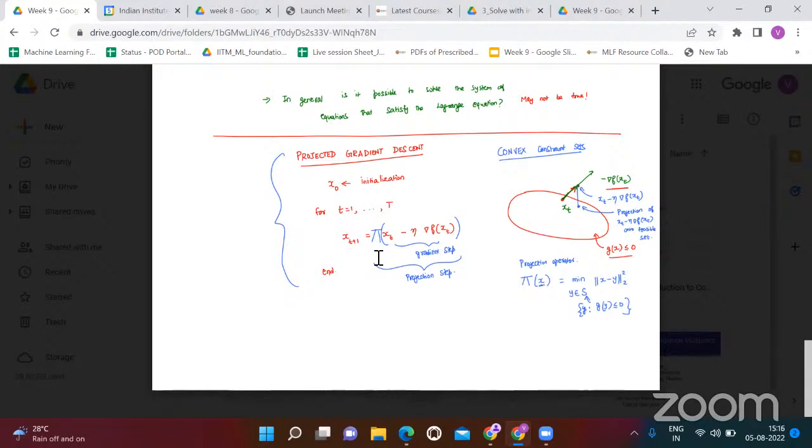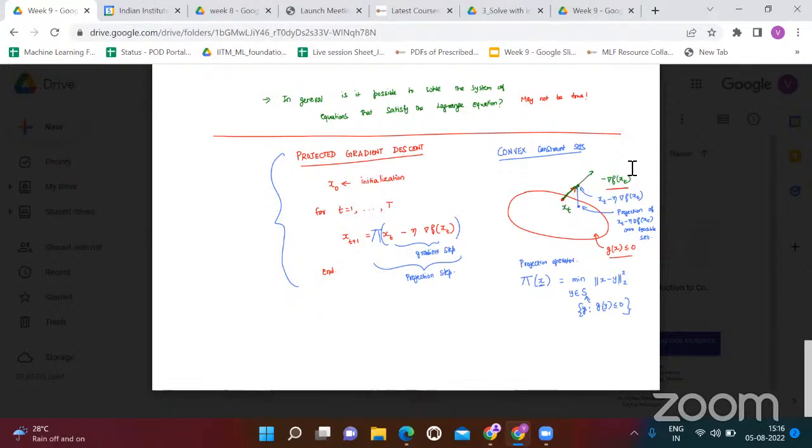But from here, xt plus 1 can go anywhere. It can go out of the constraint set also. So to bound it, we started using the projected gradient descent concept, where we use the concept of a projection operator.